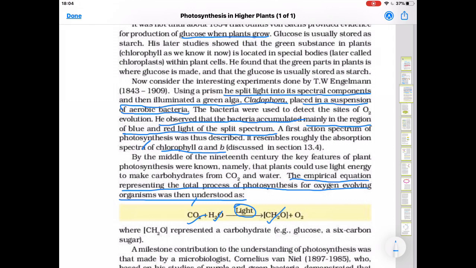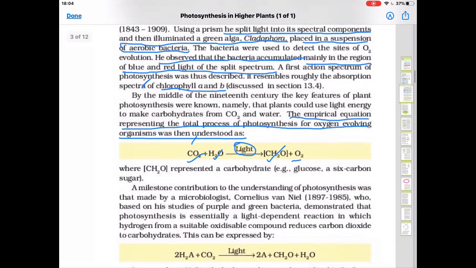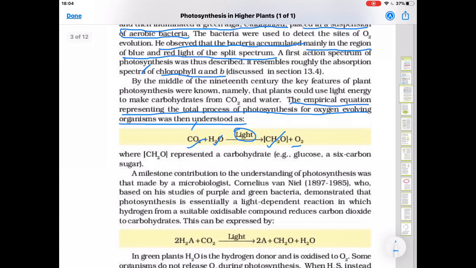A milestone contribution to the understanding of photosynthesis was that made by a microbiologist, Cornelius van Niel, who, based on his studies of purple and green bacteria, demonstrated that photosynthesis is essentially a light dependent reaction in which hydrogen from a suitable oxidizable compound reduces carbon dioxide to carbohydrates.